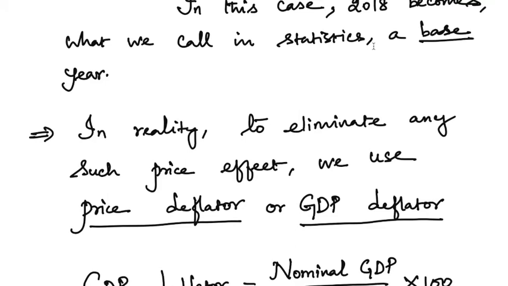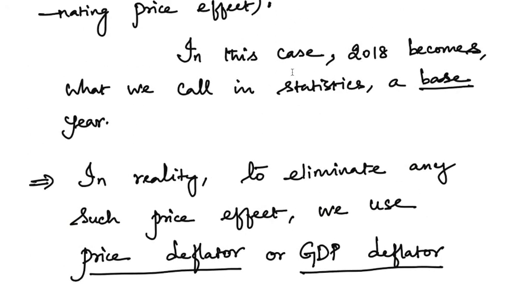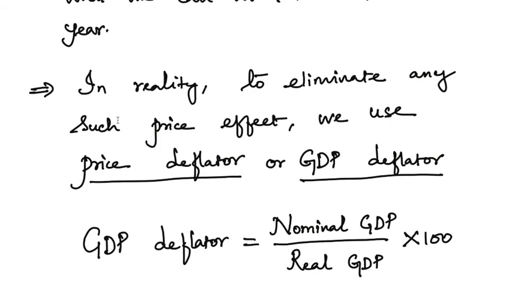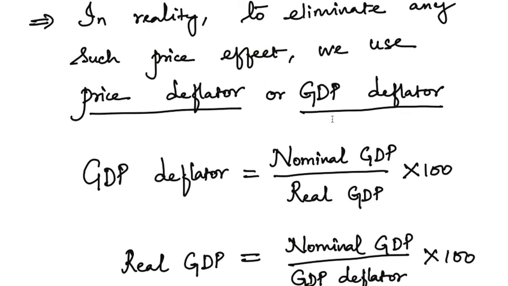That's very simple to understand, but in reality, to eliminate any such price effect, economists use the price deflator. You must be aware of these terms, and you must carefully understand these concepts. So we use the price deflator or GDP deflator to deflate the price effect.